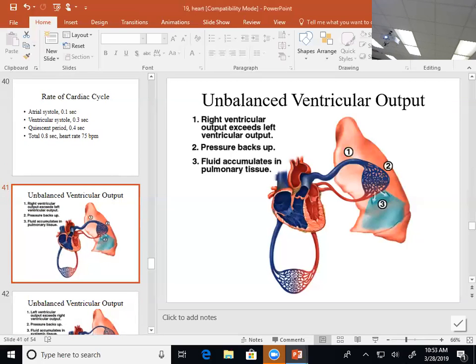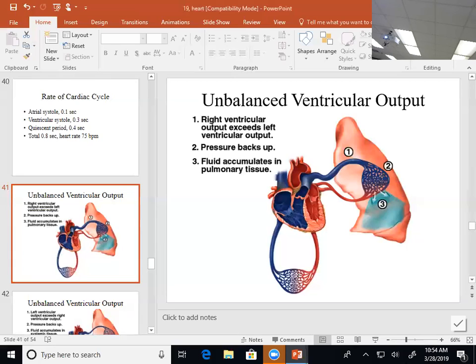So, how many pumps? Two pumps. You cannot understand a cardiovascular system and a respiratory system unless you understand that. Two pumps. They've got to be working in synchrony. We know the right side shouldn't be pumping as hard to the lungs because it's not as far away, right? But the balance has to be just perfect.